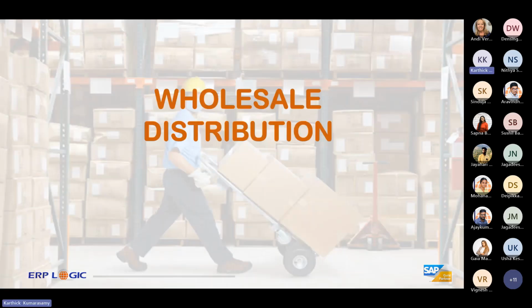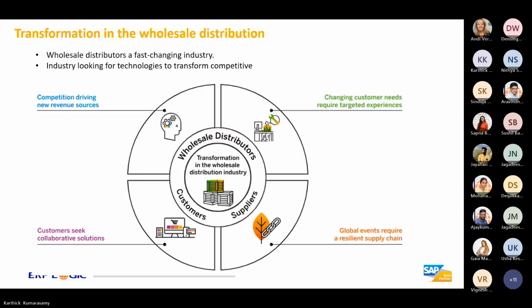And now let's get into the wholesale distribution process. Wholesale distribution is an industry undergoing a profound transformation with SAP Public Cloud. This cloud-based solution is transforming the way wholesalers operate, allowing them to streamline their business processes and gain real-time insights and faster, better solutions, both internal and external.